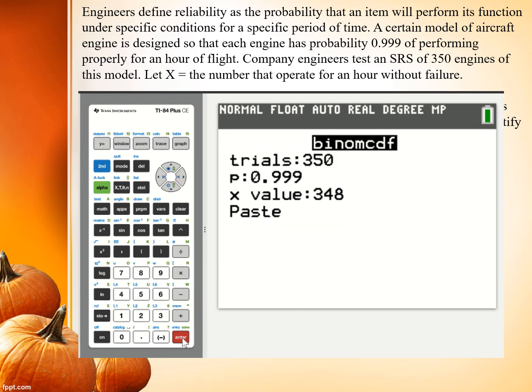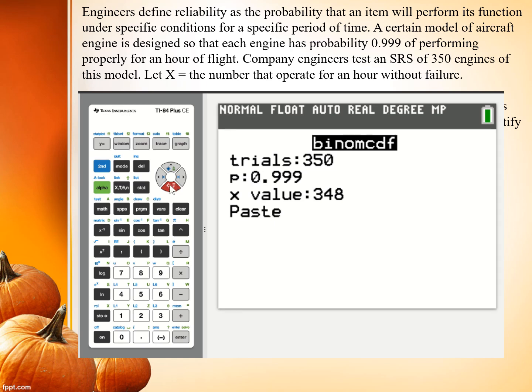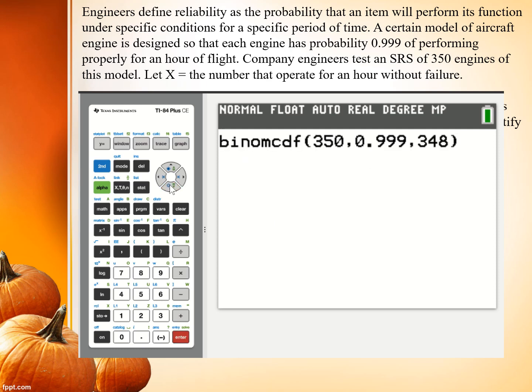In this case, I have 350 engines. I know that the probability is 0.999. And then my x value that I was given, what's the probability that x is less than or equal to 348, so I put in 348. And then I go ahead and hit paste. And I get 0.04859.